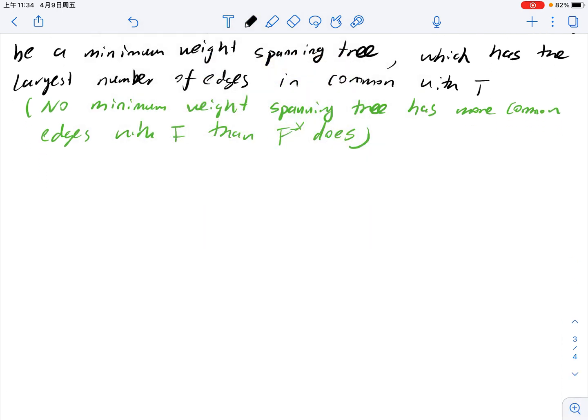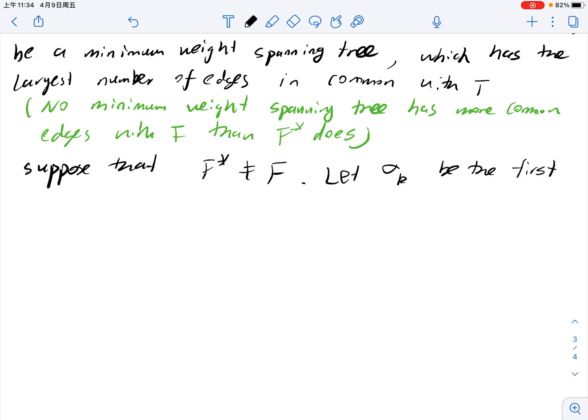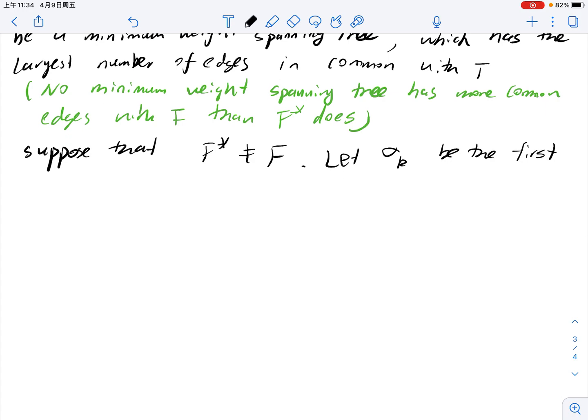Then suppose that F star is different from F. Otherwise, we are done. So let alpha k be the first edge, first in the sense of the index k, of F that is not in F star.